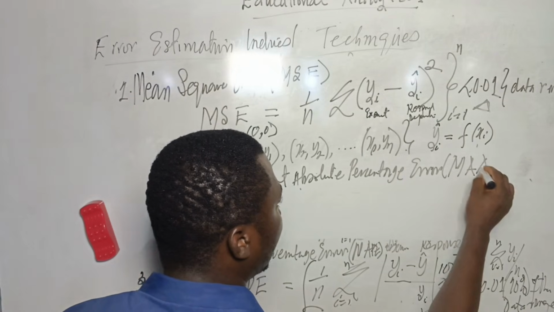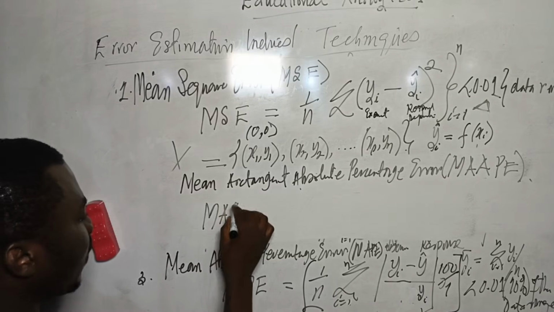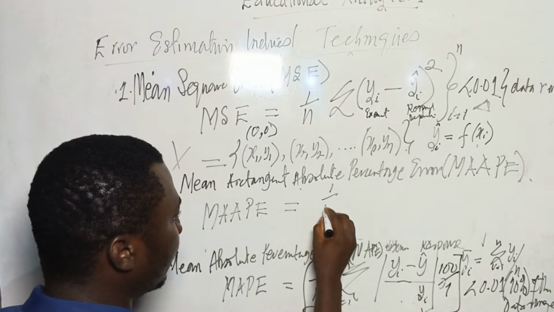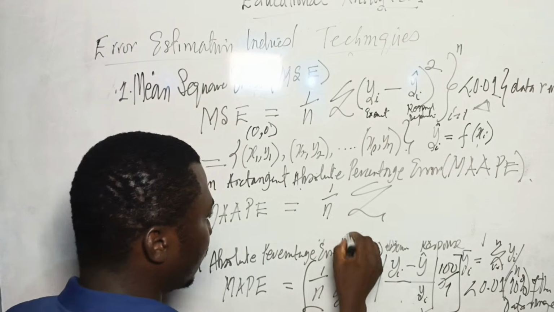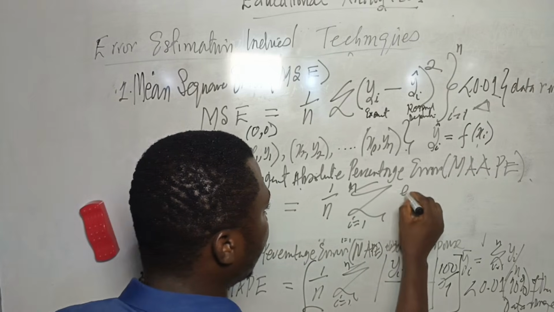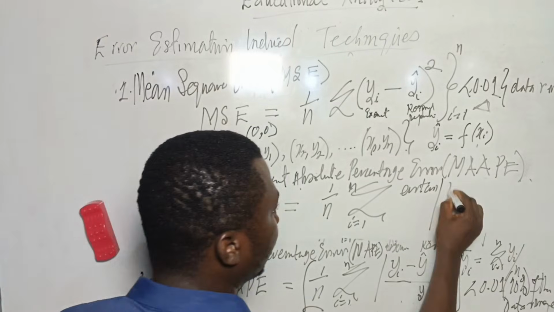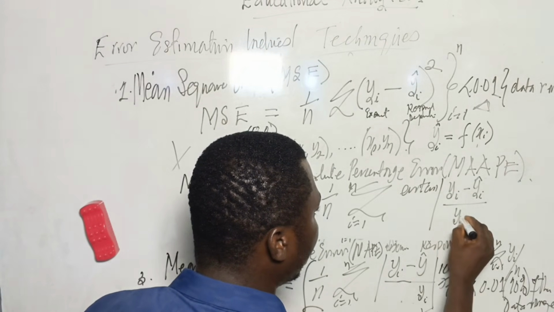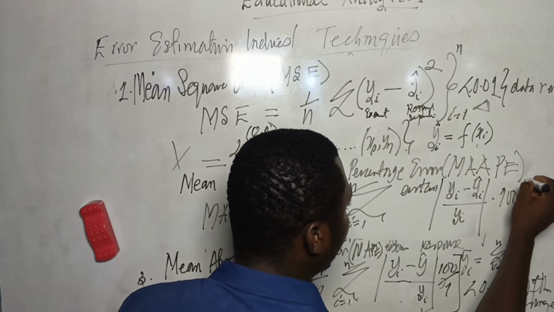We define the mean arctangent absolute percentage error by, remember, the approximation follows using the average, 1 over n, summation i equals 1 to n, of the arctangent of (yi minus yi caret) divided by yi, and then you take a multiple of 100.